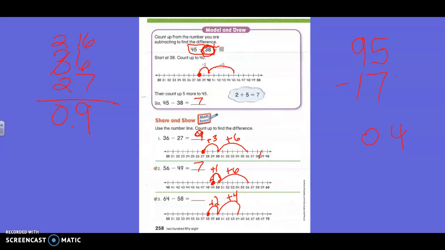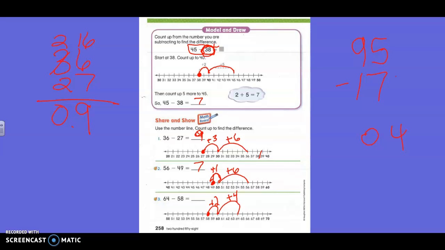Okay, now we have our jumps. What are we going to do? I'm trying to think of somebody that has the right answer. All right, all of you tell me. We're going to add the jumps.